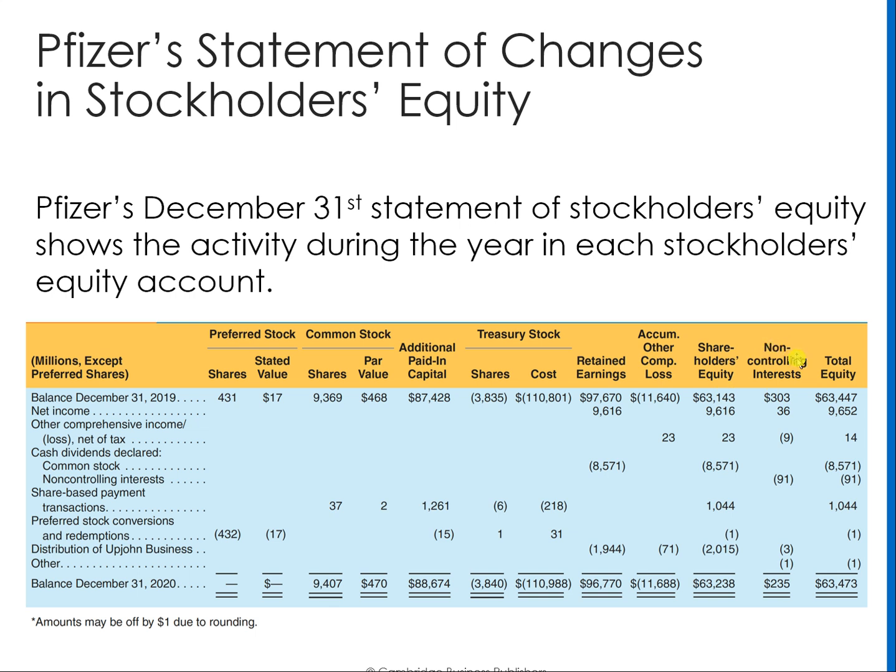Sometimes we also have non-controlling interest, or minority interest. Together with the shareholders' equity, they become the company's total equity. So this is also a change in the company's total equity from non-controlling or minority interest.